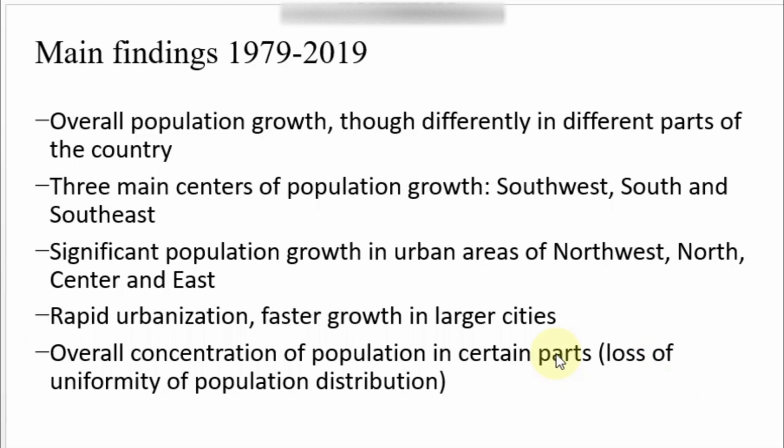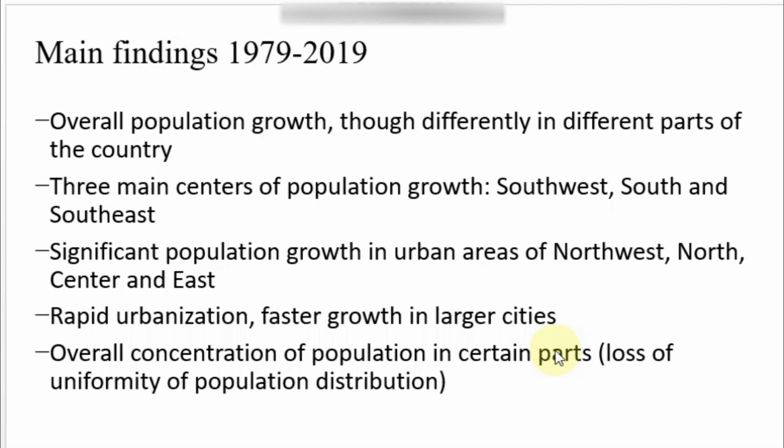And finally, perhaps the most important spatial demographic implication from this study is that there's an overall concentration of population, meaning that certain parts of the country are accumulating more and more population, and the other parts of the country are losing most of their population over time.